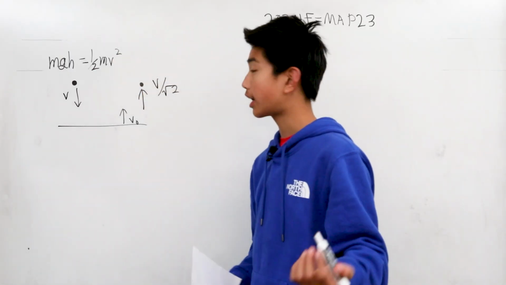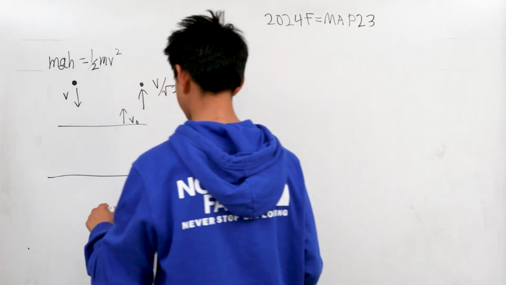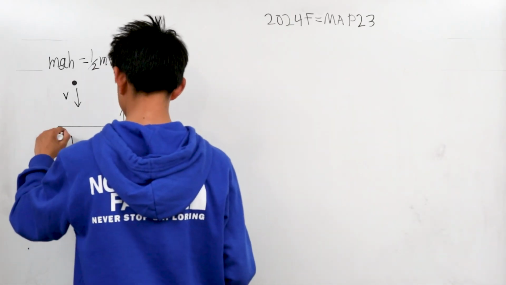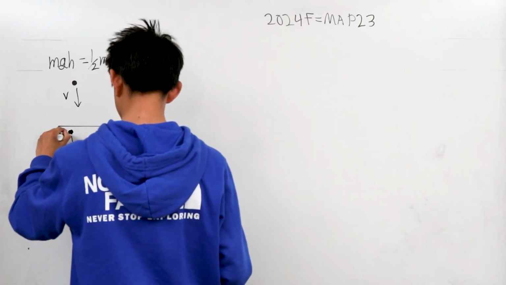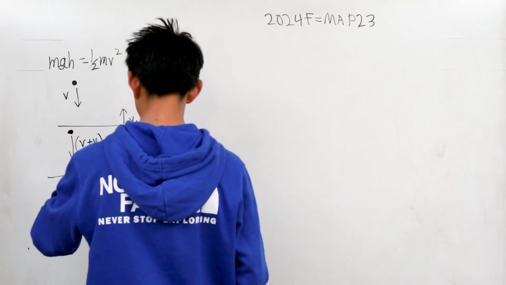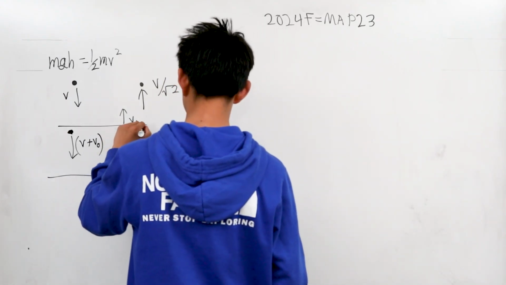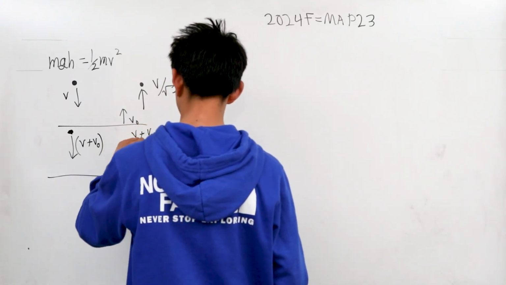Now, considering the case at hand, for the next bounce, the ball going downward has the velocity v plus v0. And when it's coming up, it'll decrease by square root of 2, so v plus v0 over square root of 2.